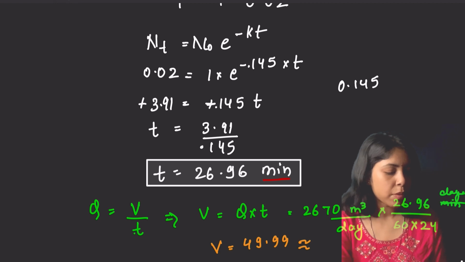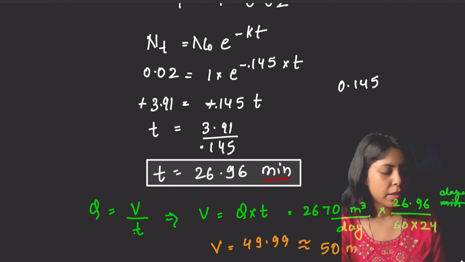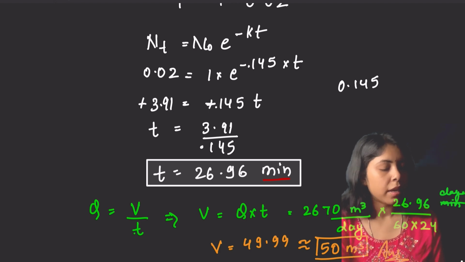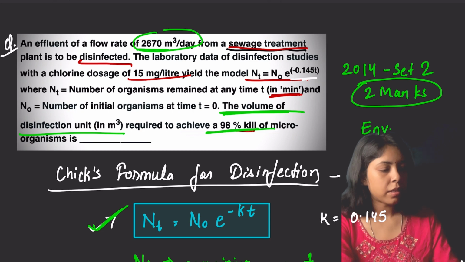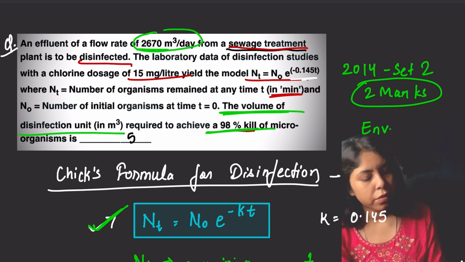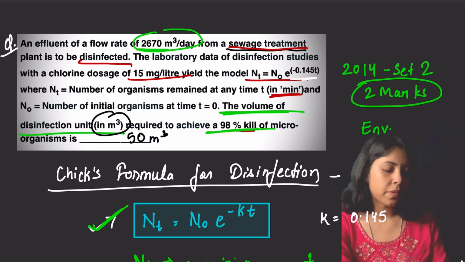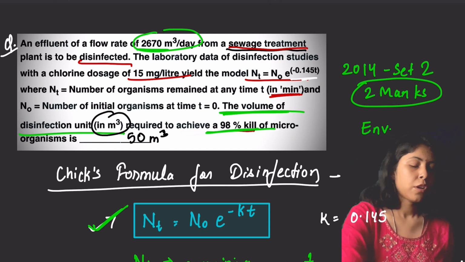So we can approximately say it is 50 meter cube. So the volume that came is 50 meter cube. So the answer for this is, the disinfection volume is 50 meter cube. They have asked the answer in meter cube, so we have given the answer in meter cube.